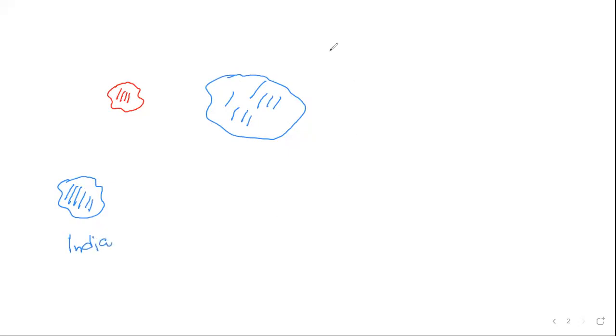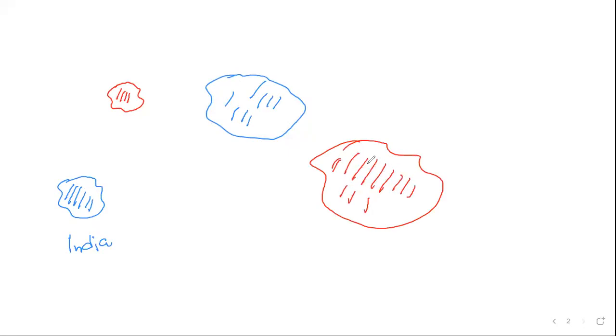And let's say one more area, the red area here, is in the US. Now we try to compare which area will be greater, I mean, inside which curve there is more place occupied. So we want to understand that.